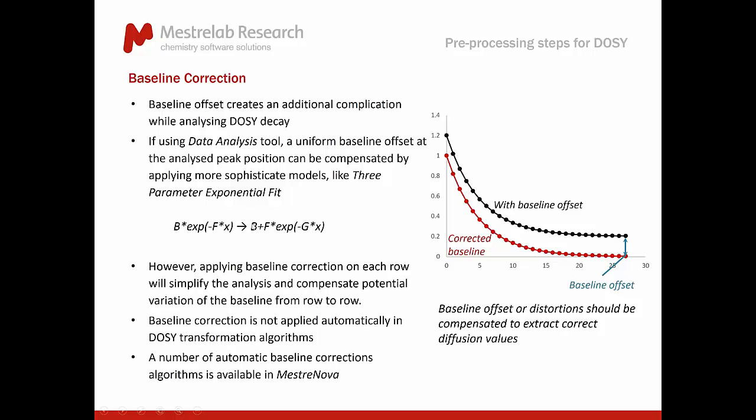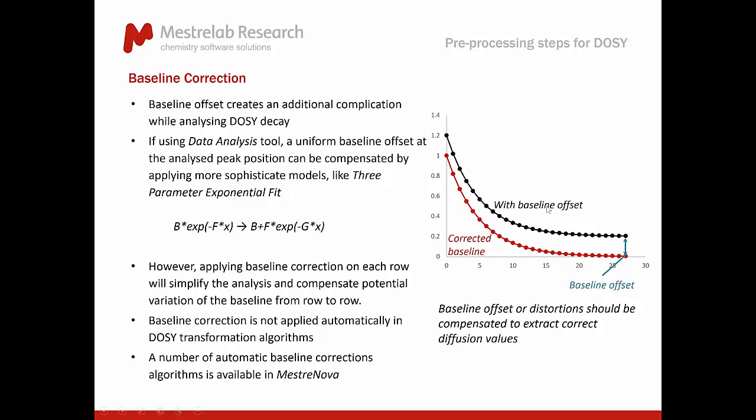However, it's an extra parameter in the fitting, which means it will increase the error margin for all these parameters. So you still will get slightly broader lines in most situations. There is a little cross-talk, communication between different parameters in this equation. So you probably want to avoid that, and you can by just applying the baseline correction.